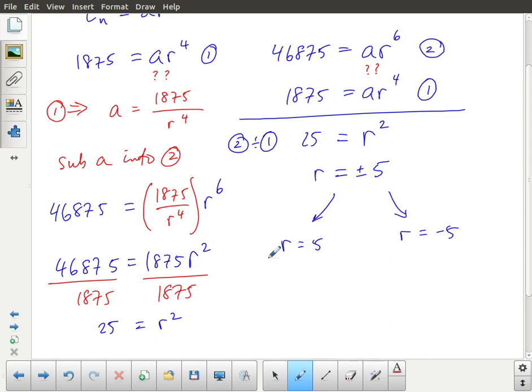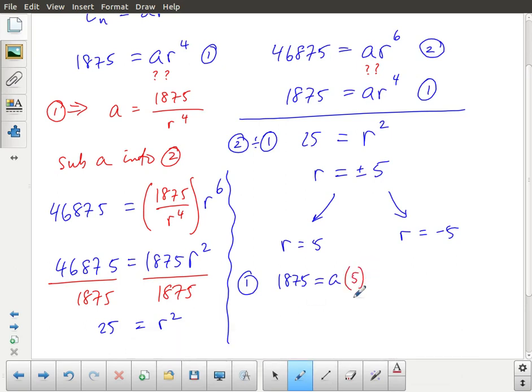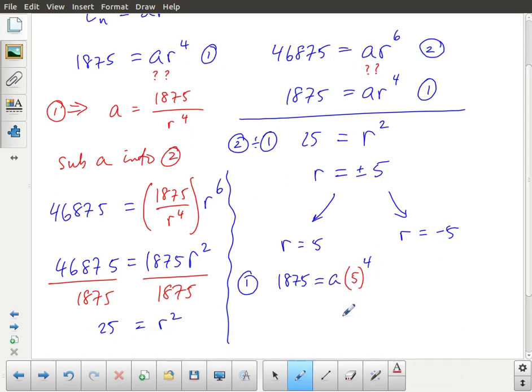So what does r equals 5 mean? Let's take a look at equation number 1. Equation number 1 says 1875 equals a, but instead of r now, I'm going to write 5 to the power 4.